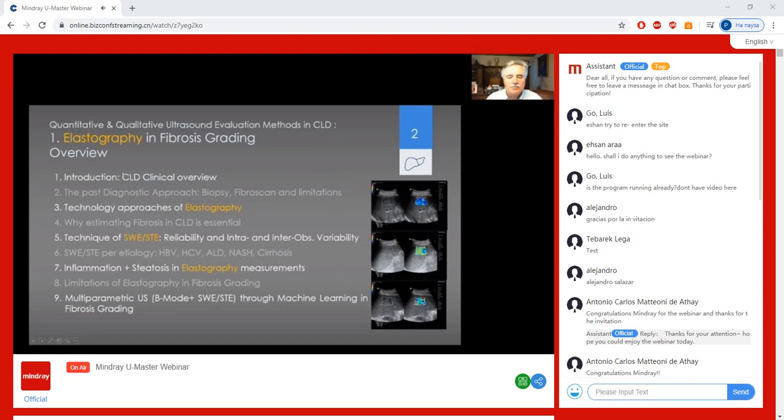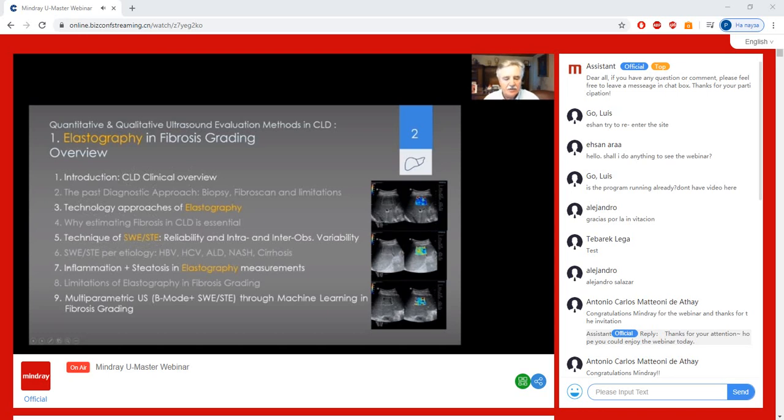We are going to pass through a clinical overview. Then we're going to discuss technology approaches of elastography. Of course, we're going to discuss the technique of shear wave elastography and sound touch elastography.